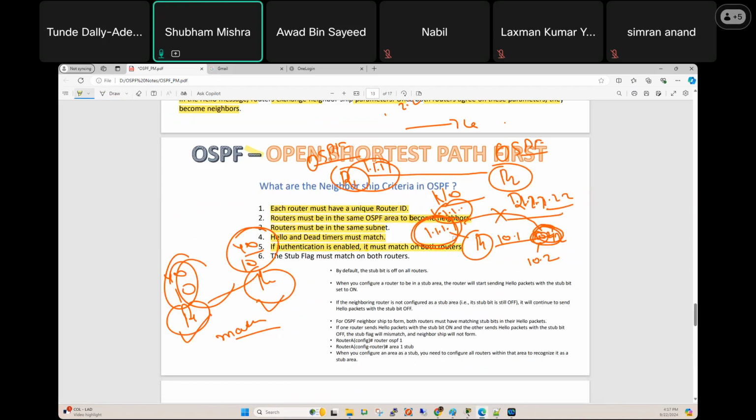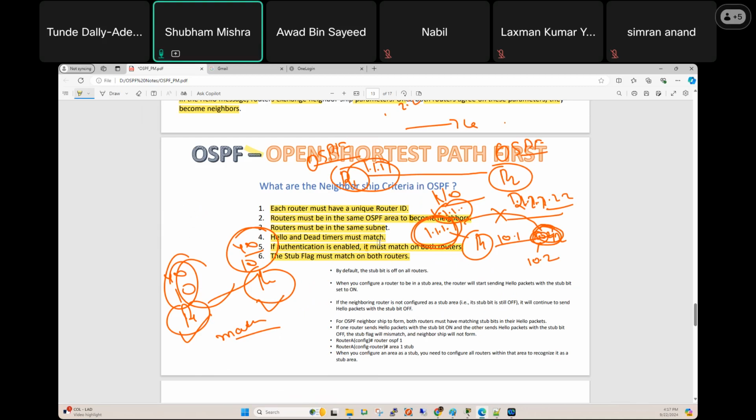For example, if on any router you configure any type of password, then authentication must match. Stub flag must match. That is an advanced thing, but please remember this. I just wrote this because an interviewer can ask you about stub. In OSPF, in CCNP, you will learn we make a stub area.